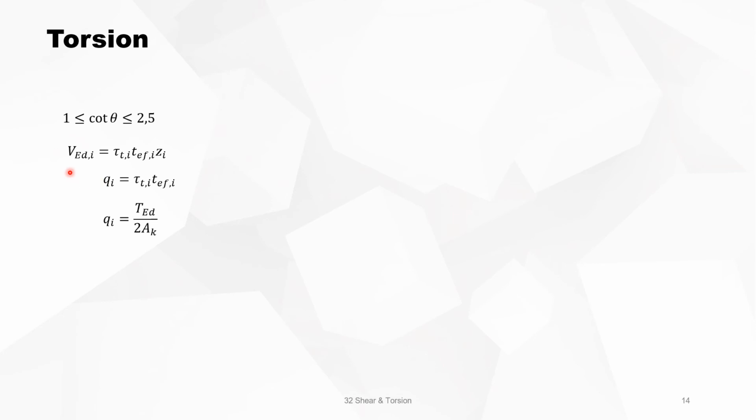We see that the shear force due to the torsional bending moment is equal to this, and if we substitute, then we see that the shear force coming from the torsional bending moment is the torsional bending moment divided by 2 times Ak, which is a little bit logical, times ze.